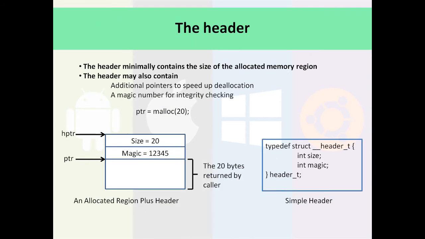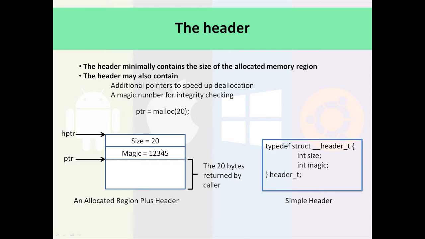It also keeps track of a few other things. So firstly, the header minimally contains the size of the allocated memory region, like we talked about. So here, hypothetically, you would have size equal to 20. But the header may also contain additional pointers to speed up deallocation, as well as a magic number, which is utilized for integrity checking.